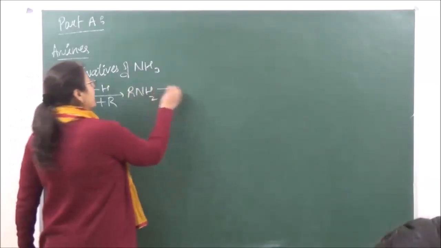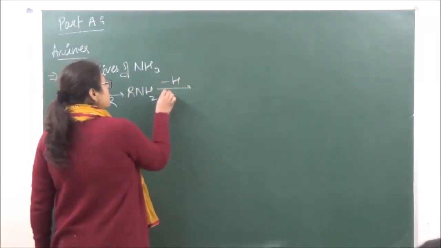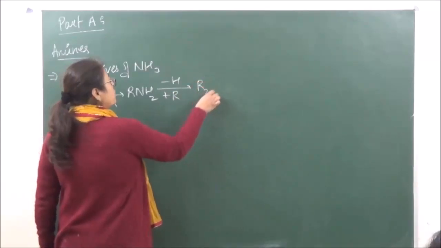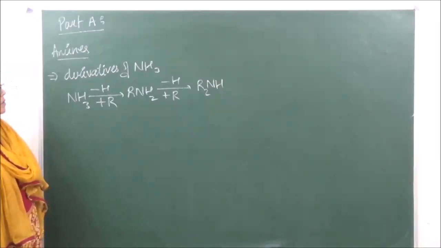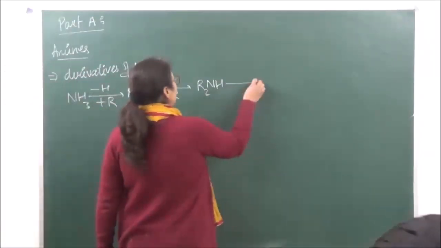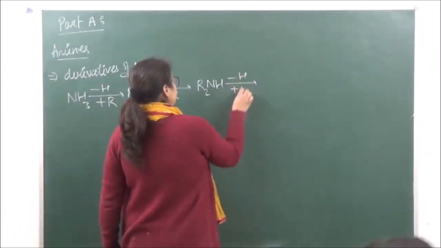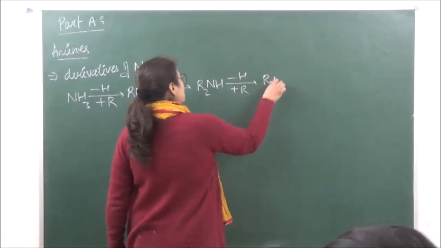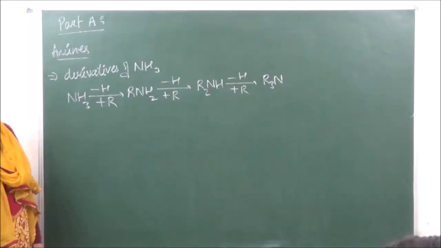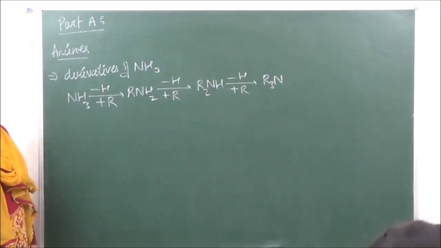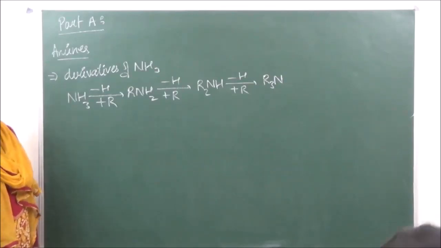Okay? Or again, this can undergo minus H plus R, which is going to give us secondary amines with the formula R2NH, or it is going to give us tertiary amines, or it can also give us quaternary salts. Okay, so that is why they are known as the derivatives of ammonia, because they are derived from ammonia.